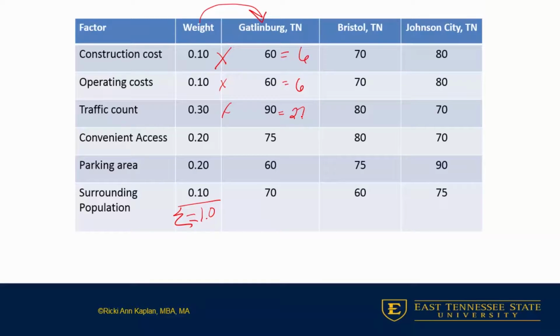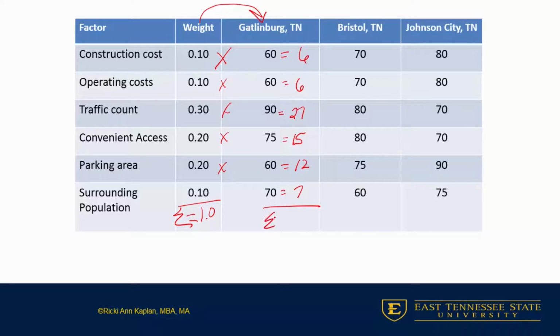Convenient access, we're going to multiply that by our 75, and it's going to be 15. Parking area, multiply 0.2, the weight, by the number of points given. This is going to be 12. And surrounding population, we're going to give it 7 points, the weighted points.